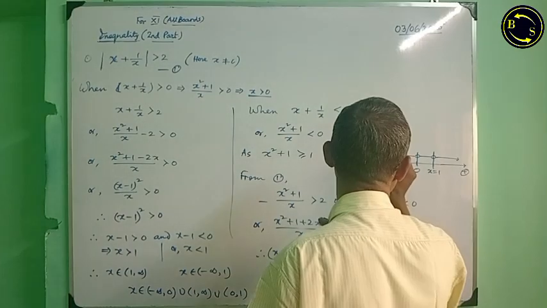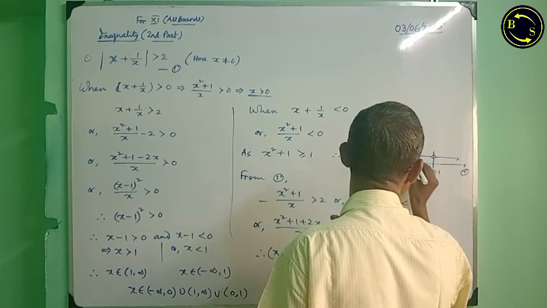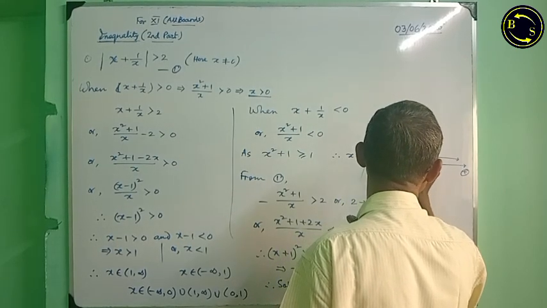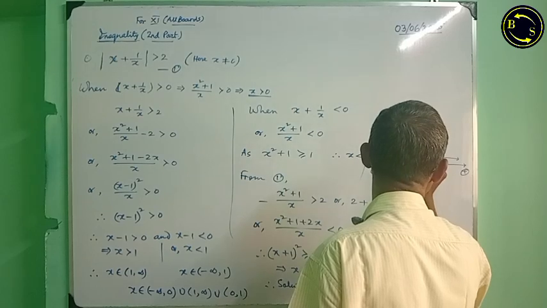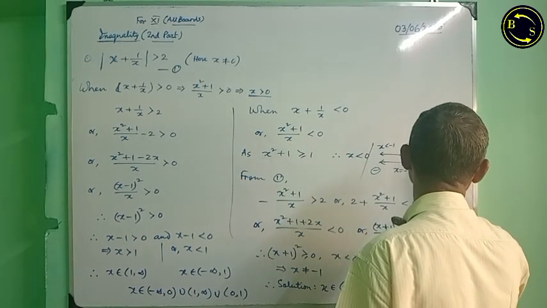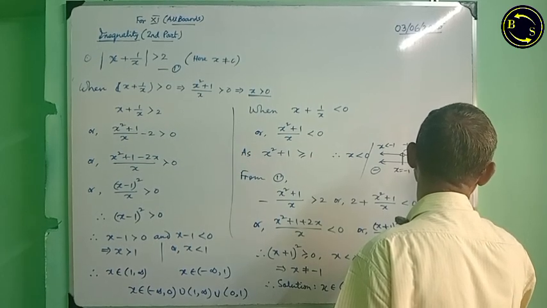This is x less than minus 1, this is minus 1 less than x less than 0, then this one 0 less than x less than 1, then this one.